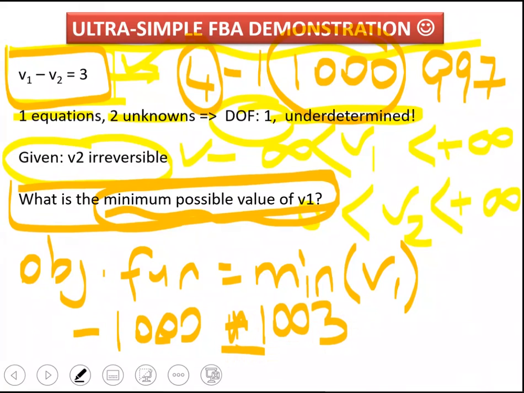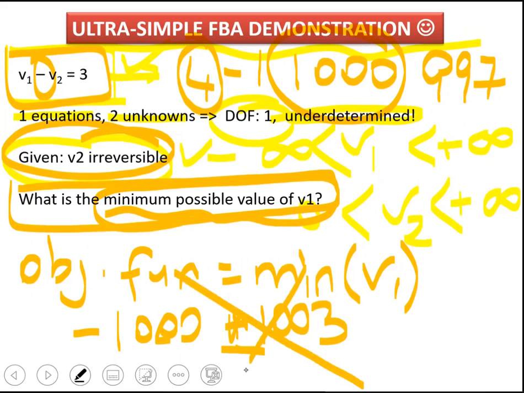So minus 1000 minus 1003 will make 3. But does this violate any of our constraints? The answer is yes, because V2 has to be irreversible. So this is not possible because here V2 has a negative value, right? So this violates one of our constraints.